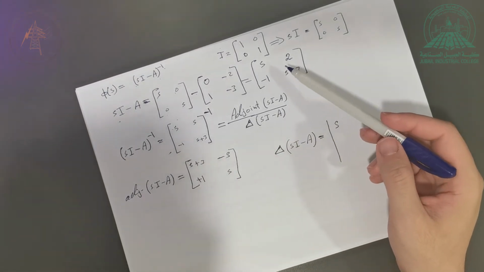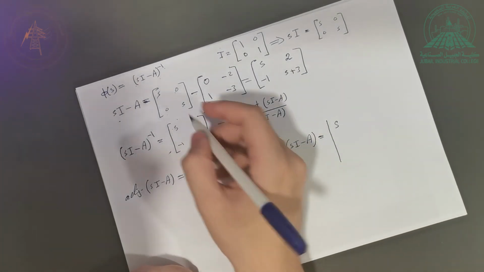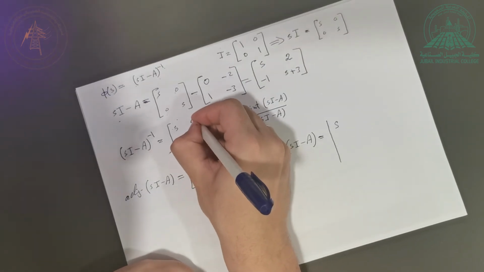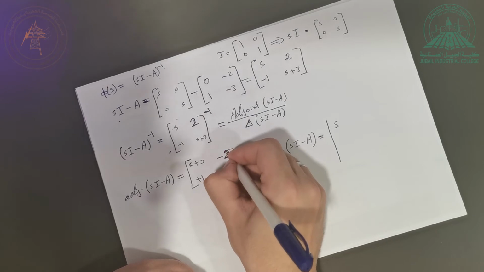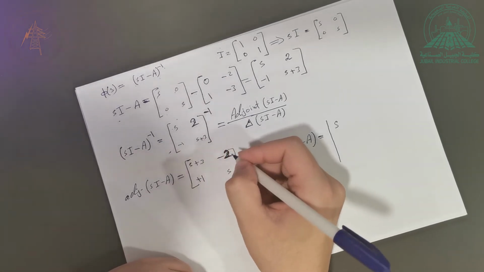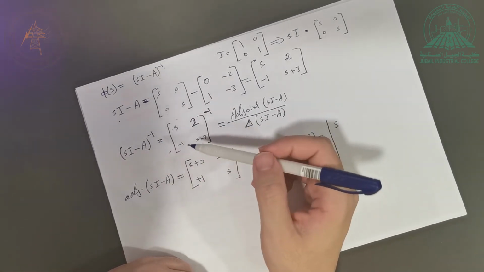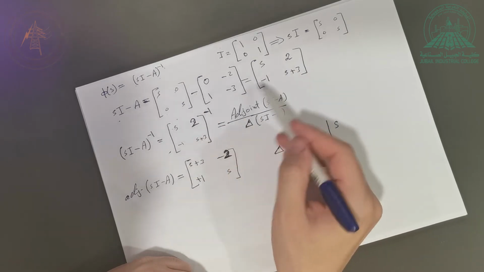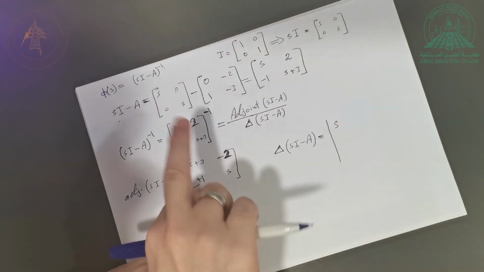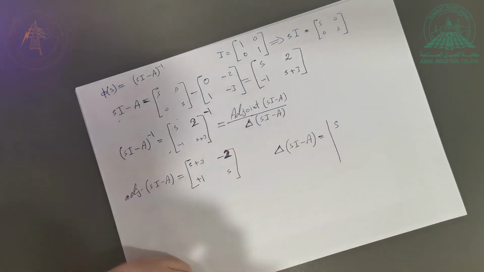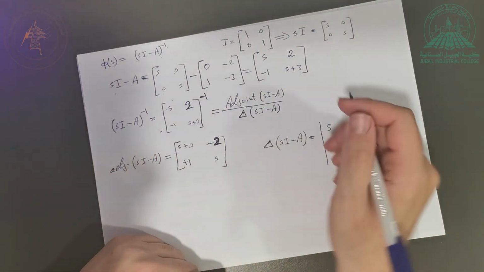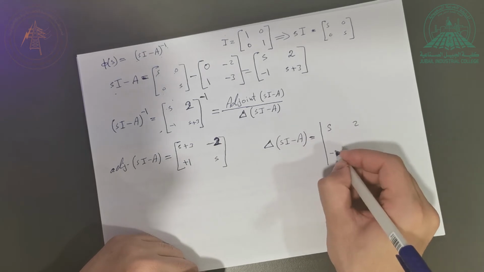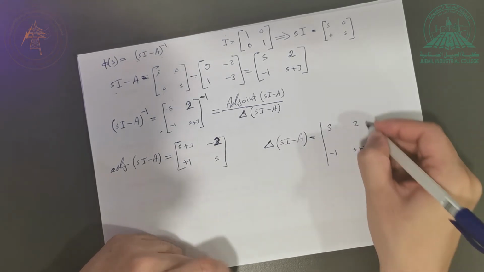Just a second. This should be 2, not s. This is 2, and this is minus 1. So again, I swap these and change the signs of these. So here we have s, and here s plus 3, with minus 2 and 1 on the other diagonal.